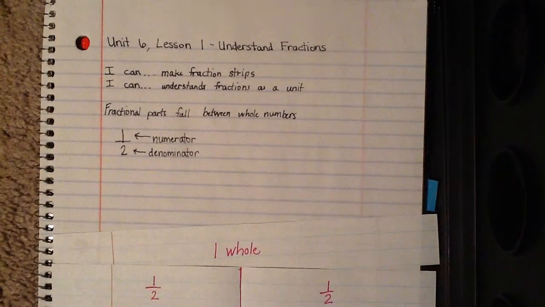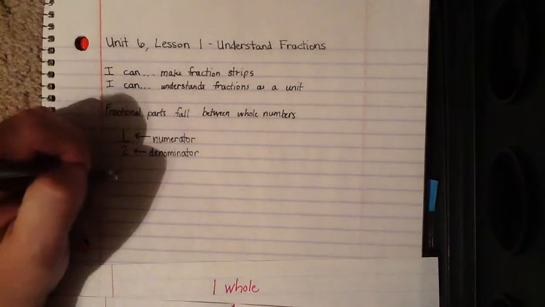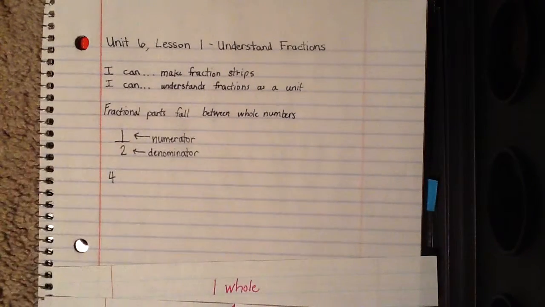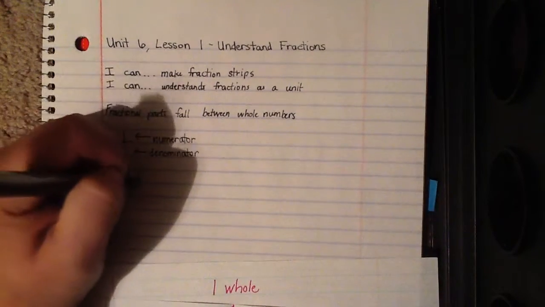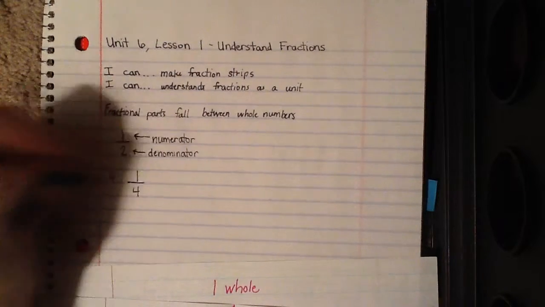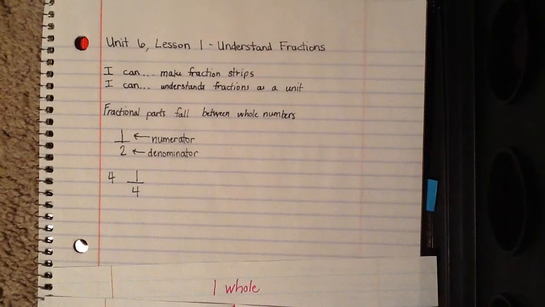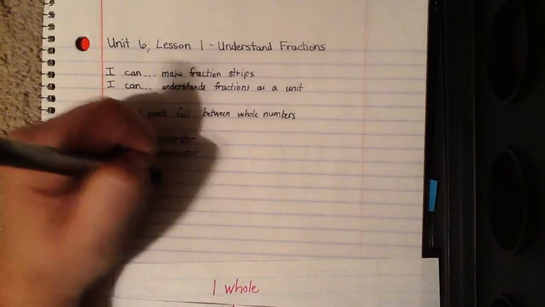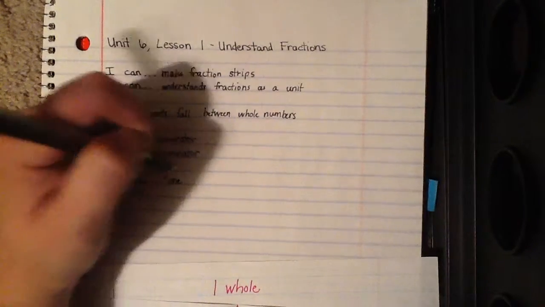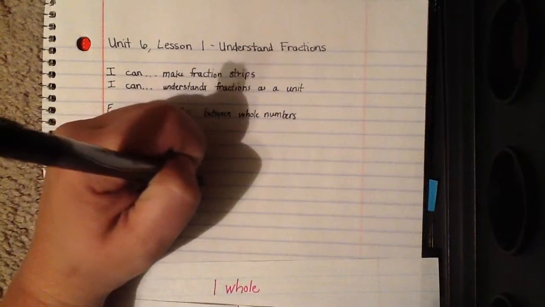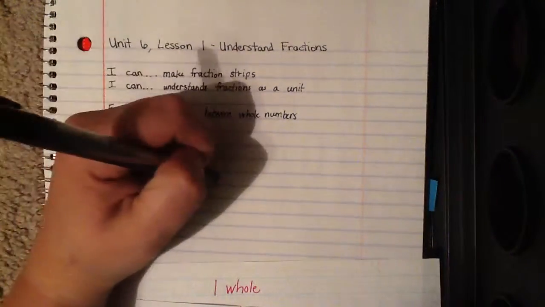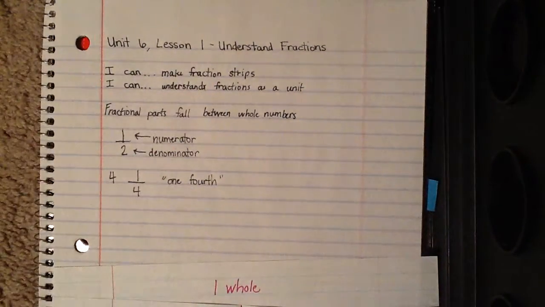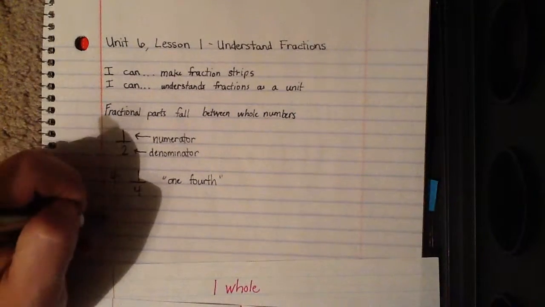So for example, we have the whole number 4, but when I write it as a fraction using the 4 as my denominator, I have 1/4. Or we write it in words as one fourth. How about the number 5?